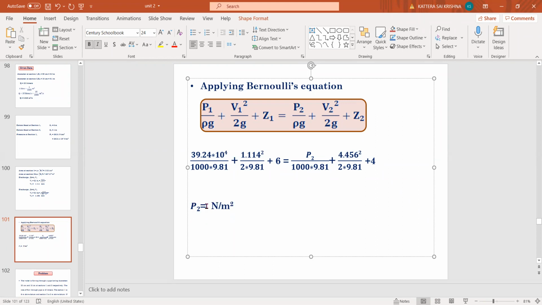First value is 40, yes sir. 40 is this value plus 1.114 square divided by 2 into 9.81, 0.0632, plus 6. Is equal to the same thing I'm keeping again here, plus this value 4.456 square divided by 2 into 9.81.